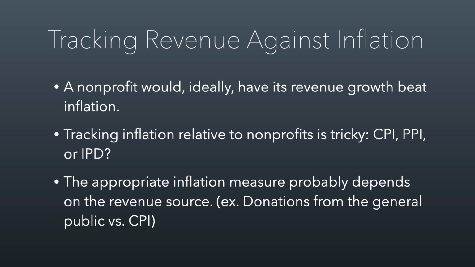It's measured through three main ways. CPI means Consumer Price Index, PPI means Producer Price Index, IPD means Implicit Price Deflator. The first one, CPI, is measuring inflation by the kind of products that consumers buy.